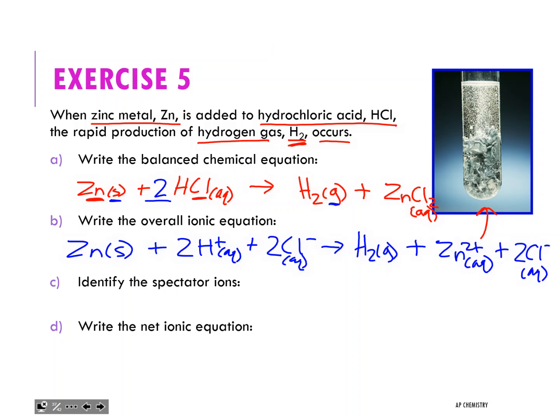Now what you'll notice in a single replacement, element plus compound, there's only going to be one spectator. What's the one spectator? Where it is an ion on both sides.